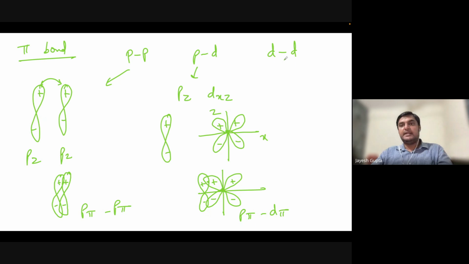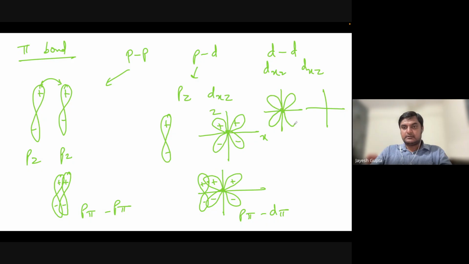Another example for D and D. I can take here dxz and dxz. It will look like this. So they can make a bond like this.